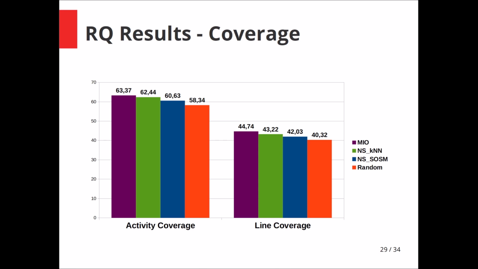The leftmost column refers to MIO, followed by the KNN-based novelty search and the SOSM-based novelty search, and on the right side the random configuration. You can observe that MIO is slightly better than both novelty search variants, and both novelty search variants are somewhat better than random search.